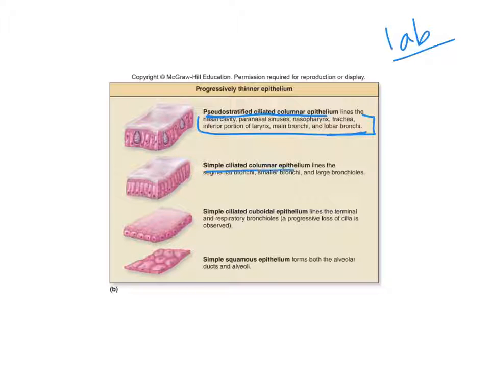Simple ciliated columnar is going to be in the smaller bronchi and large bronchioles. Simple ciliated cuboidal epithelium lines the terminal and the respiratory bronchioles, which we're going to talk about. And then this is going to be in the respiratory zone.